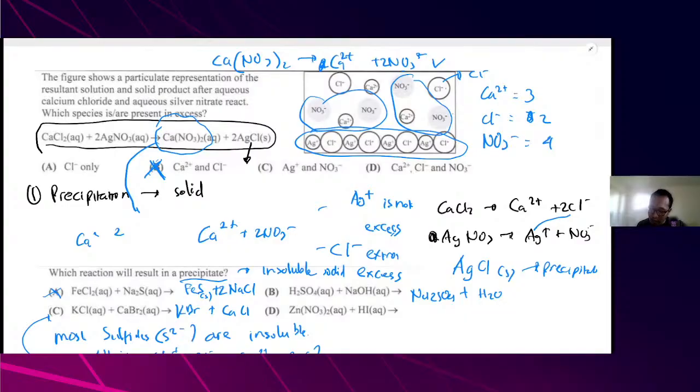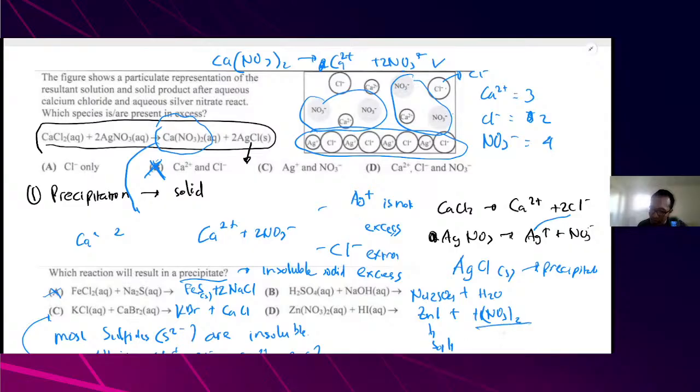How about the D one? All products, ZnI2 and then HNO3, are soluble acid or salt. This one is a salt, right?